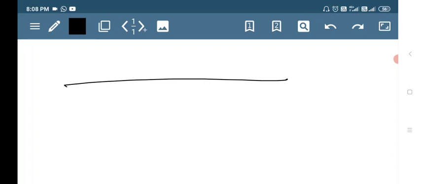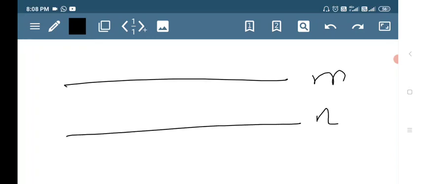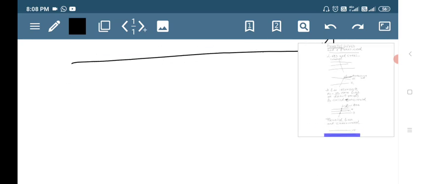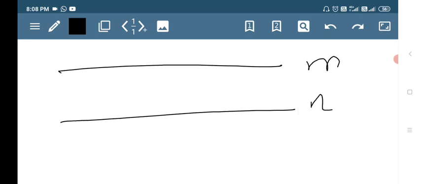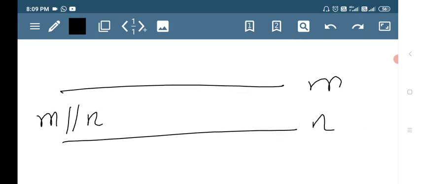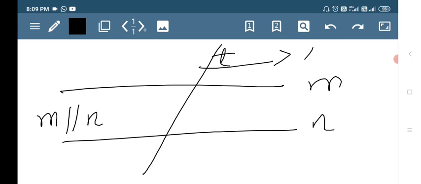If there are two or more parallel lines, that is, the line M is parallel to N, and the line L, or anything you can name, if it is a transversal, you can name it T. The line T is a transversal through two parallel lines.